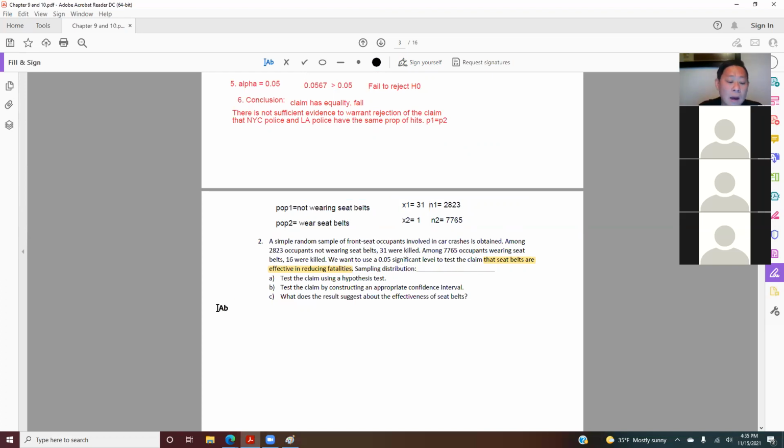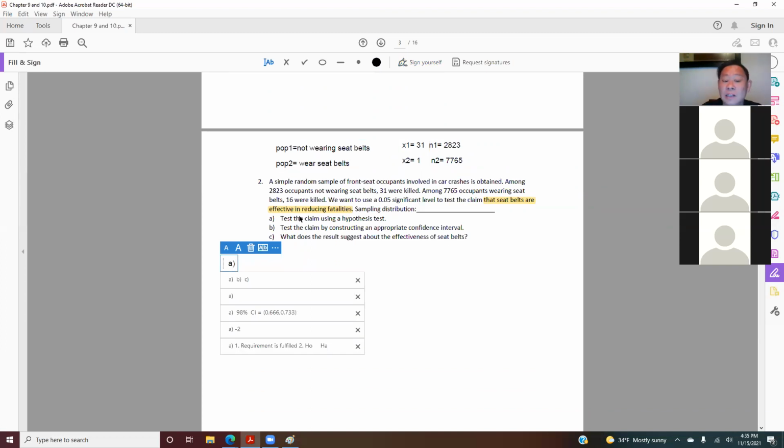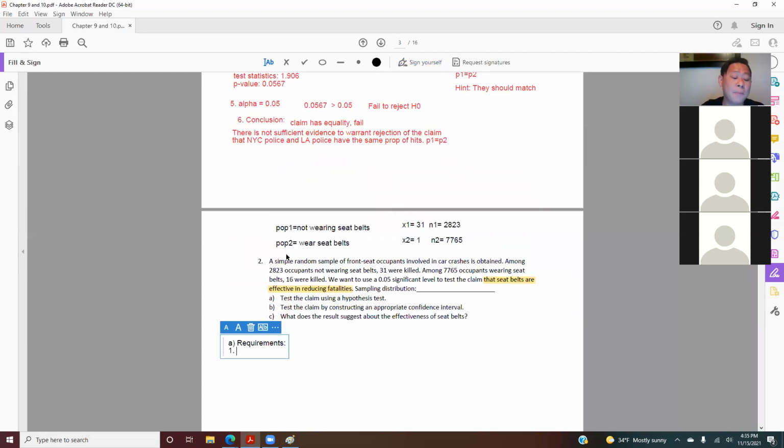Now, question A is asking us to do hypothesis testing because the question asks us to test the claim. That means you have to perform the steps of hypothesis testing, usually 6 steps now. The first thing we're going to talk about is your requirements.